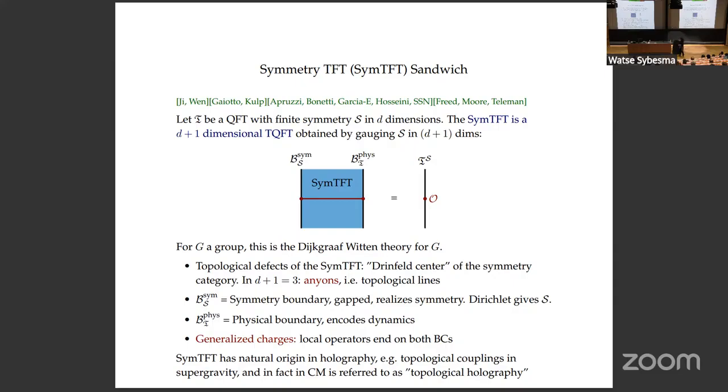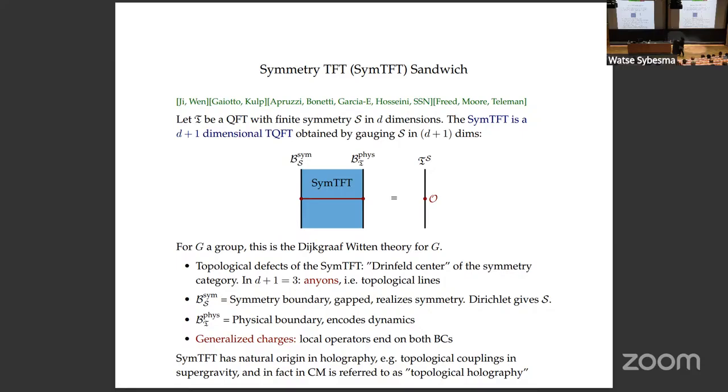It's basically you have your theory T with some symmetry S. So S is a finite symmetry, but it can be non-invertible in d dimensions. And the symmetry TFT is just gauging that symmetry in d+1 dimensions. So if you have a group symmetry, the SymTFT is just a finite group gauge theory, a Dijkgraaf-Witten theory in d+1 dimensions. But more generally, it's some more complicated topological field theory.